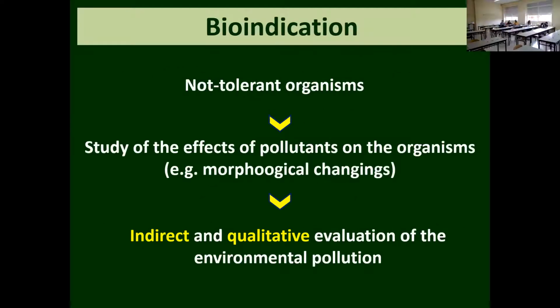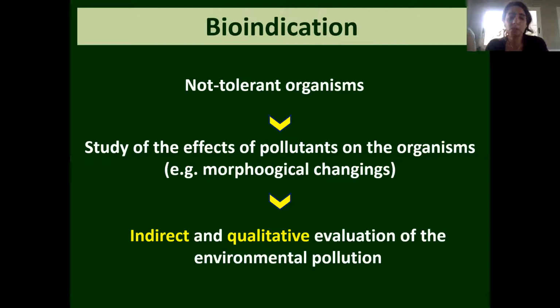For bioindication, we use organisms that are sensitive to the pollutants in the environment. So we evaluate the effects of pollutants on the organisms, for example, the morphological changes or the decrease of the number of these organisms in the environment.